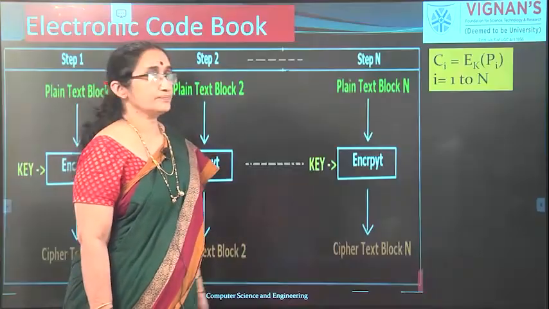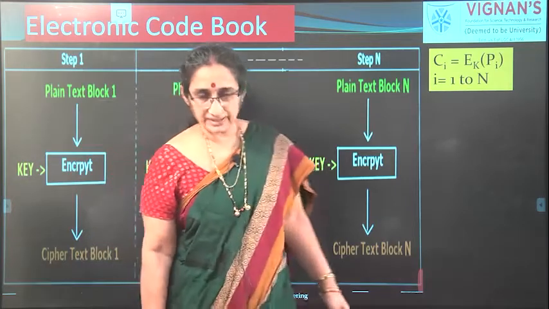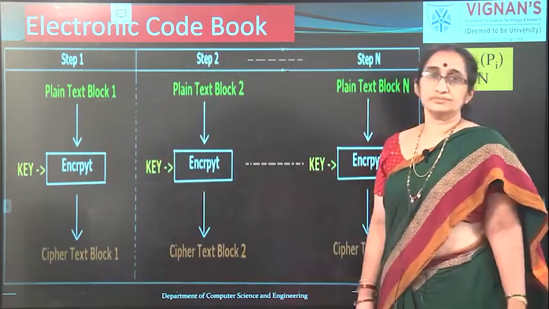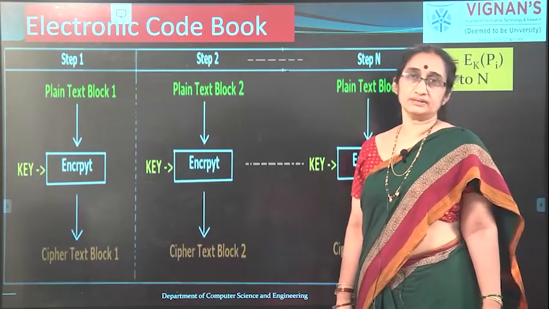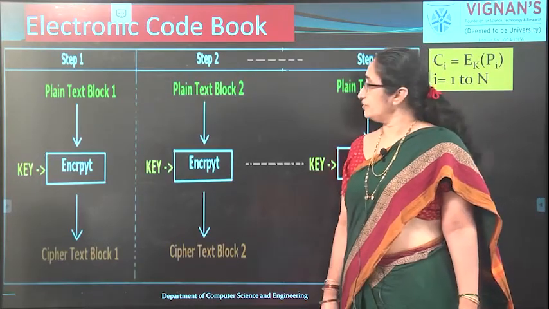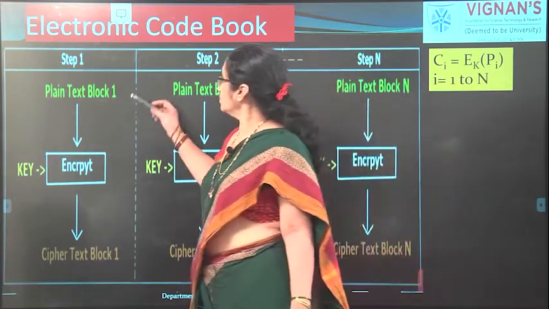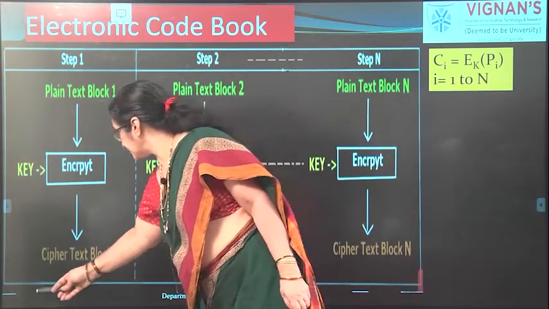The first one is electronic code book. Let us see how it works. Suppose we have a plain text of any length. If we are using the DES algorithm, we have to divide the plain text into blocks of 64 bits.